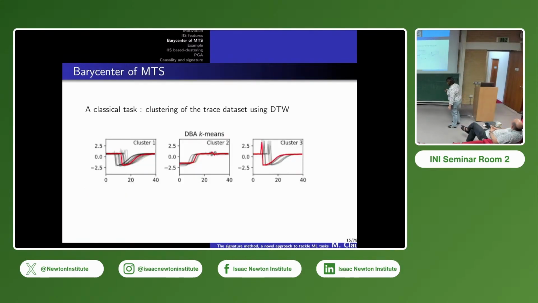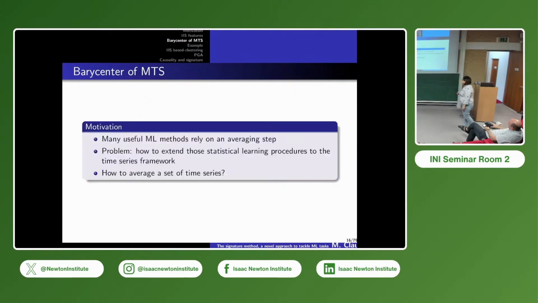Just to remind you that clustering is a very basic task, and computing the mean of time series is very useful. The motivation is the following. In many cases, you want to average. It is a basic step, and there are many possibilities to average a set of time series.